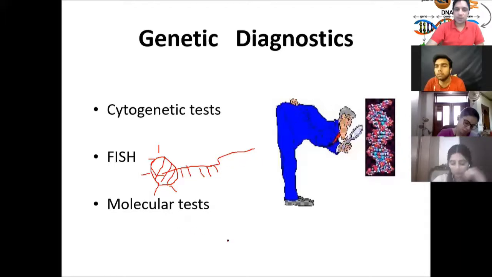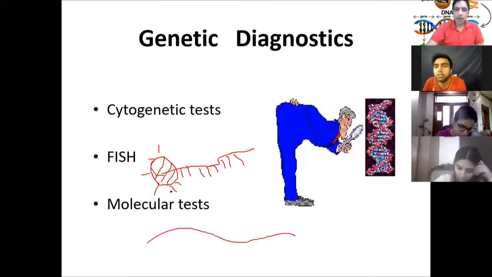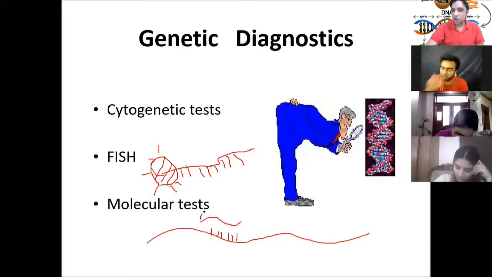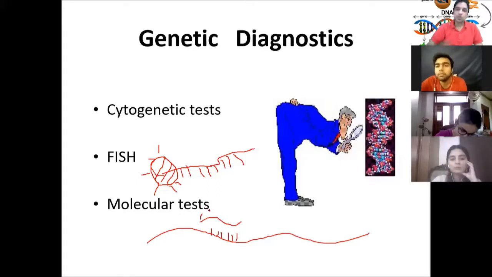For example, if this is the DNA and this sequence matches a particular part of the DNA on a chromosome, that sequence will attach itself here, and that glow will let you know where that gene exists within the chromosome.